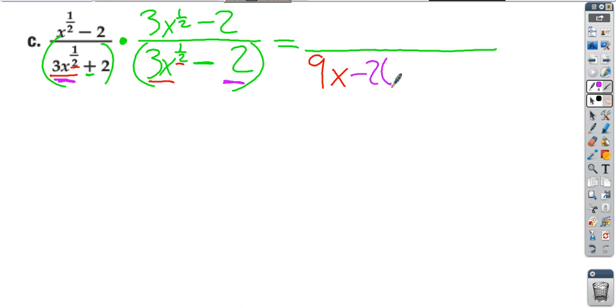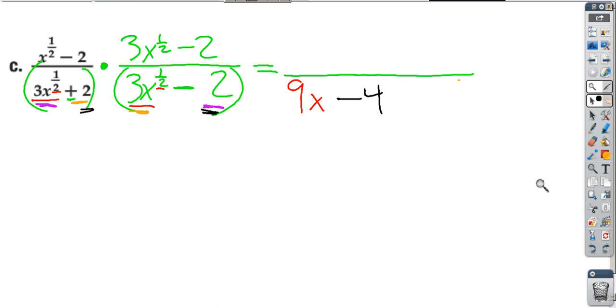We're going to have minus 2 times that, and then the inside terms are going to be positive 2 times that. So we have positive 2 times this right here. Those of course cancel each other out, so we don't need them there anymore. And then finally the last terms will be 2 times negative 2, which is minus 4.